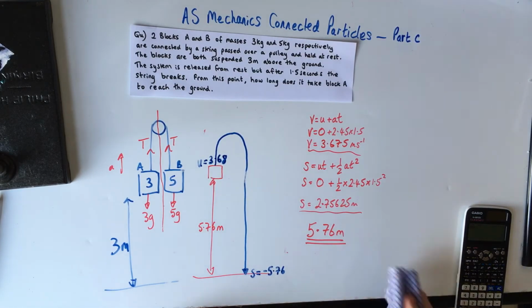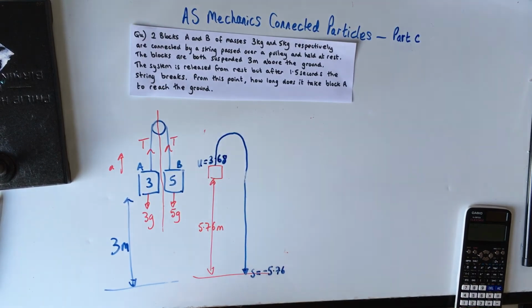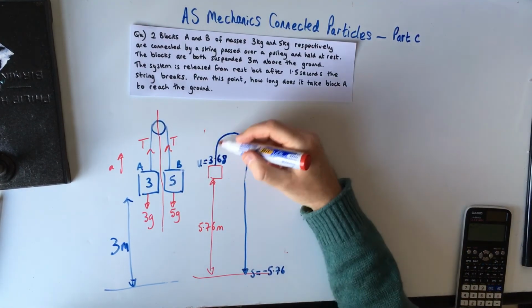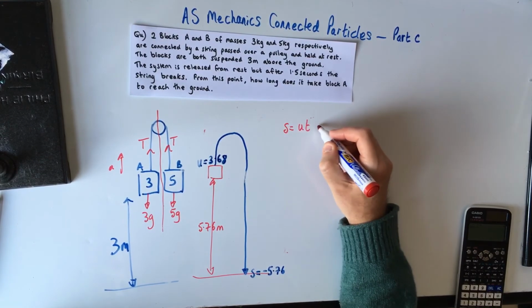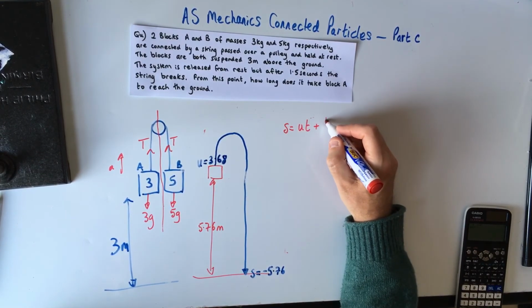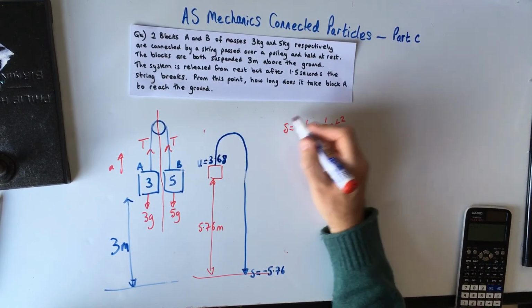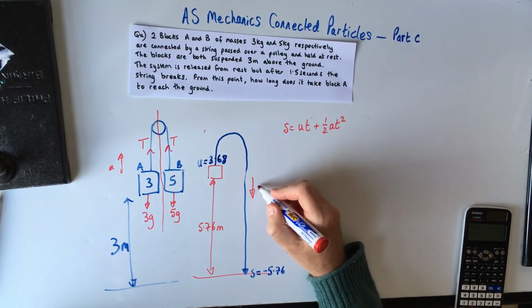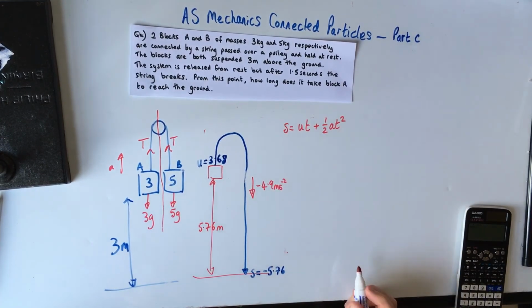Now, the next stage is we're going to say how long to reach here, and we're going to go S is equal to ut plus a half a t squared. Now straight away we're going to change that because the acceleration, of course, is minus 9.8. That's from our SUVAT ones.